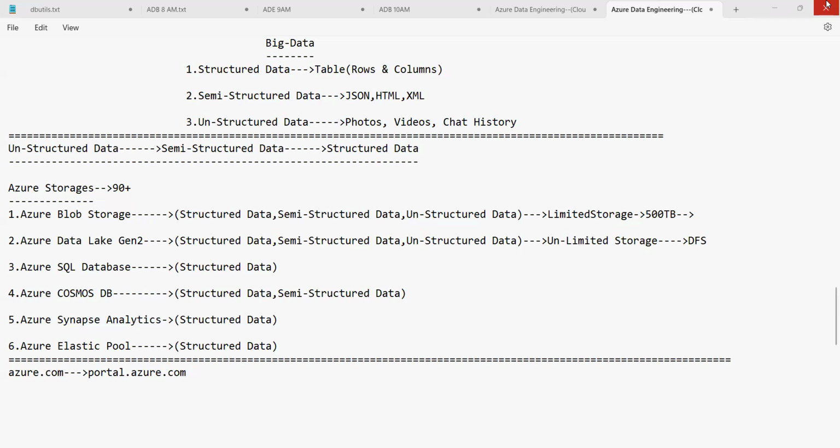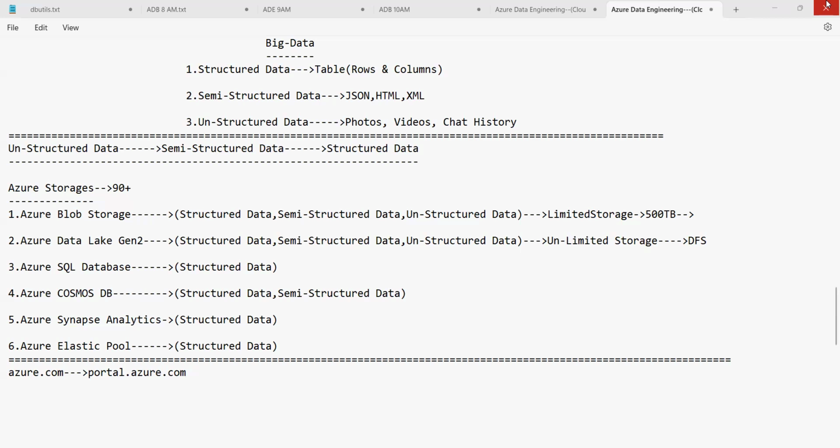After pulling in the data, the data engineer performs the data filtration process. What is the level of data you require? Suppose you have 1 lakh rows.